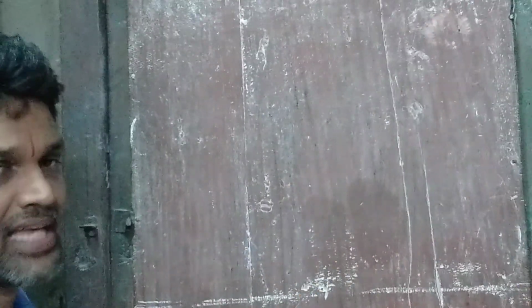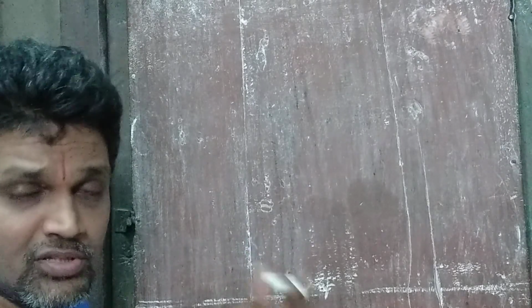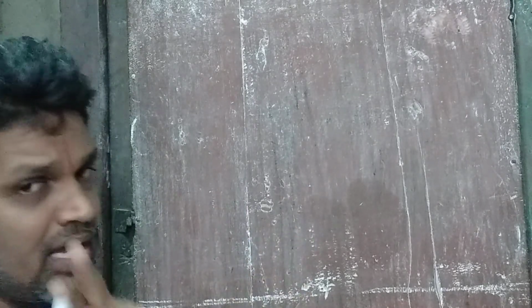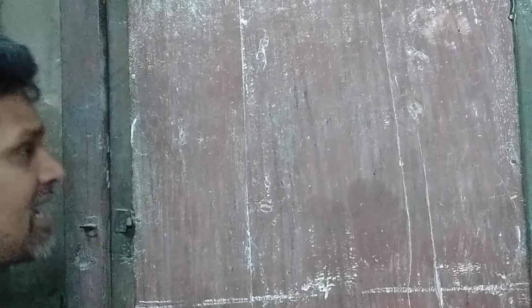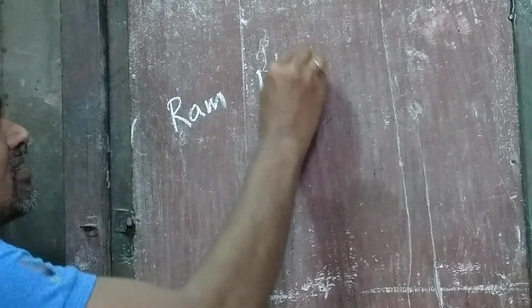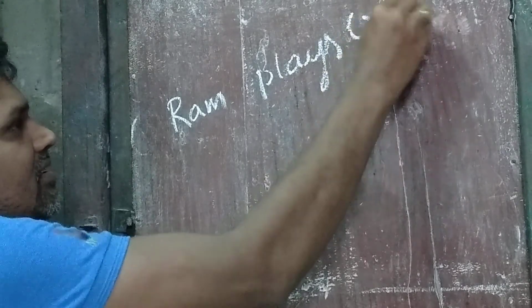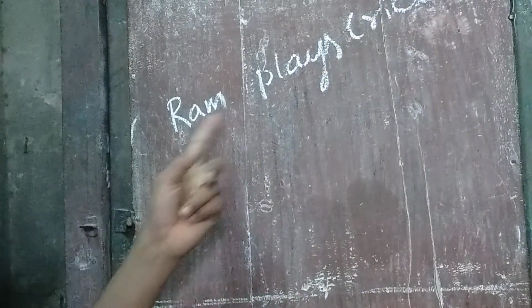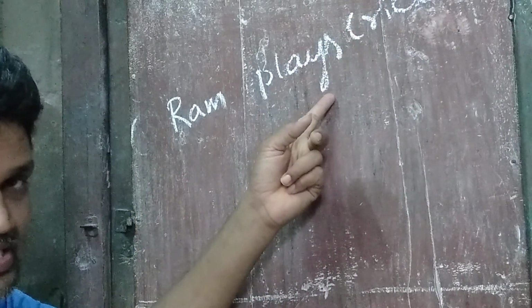Now, I'll try to explain all the forms of the sentences by taking a single example. Ram plays cricket. So this is the example. Just now I explained about this example.